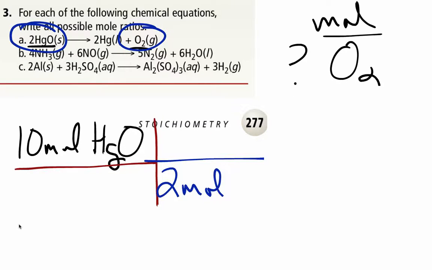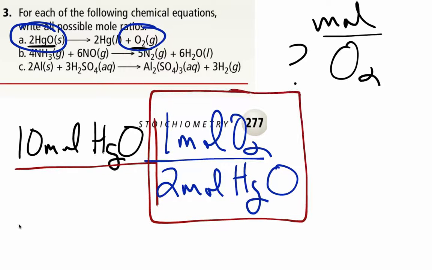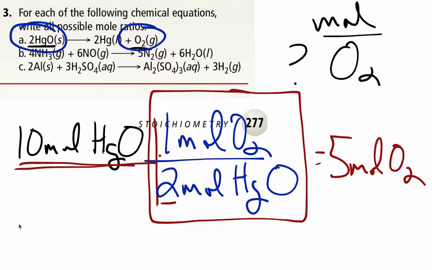So if I have 2 moles of mercury oxide, I'll make 1 mole of oxygen. And notice this is the beauty of dimensional analysis: now I'm not just multiplying or dividing, I'm doing a conversion between different types of compounds. So if I have 10 moles of mercury oxide, 10 divided by 2 times 1, I'm going to make 5 moles of oxygen. Okay, pretty easy.